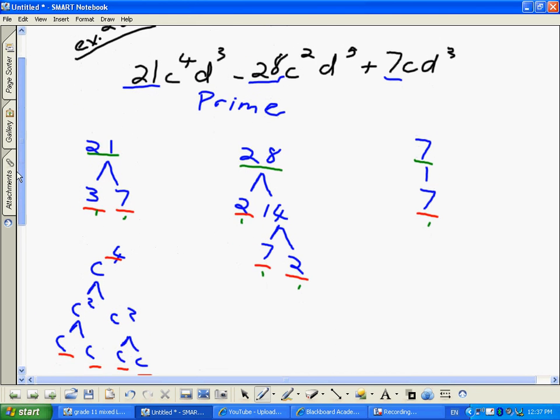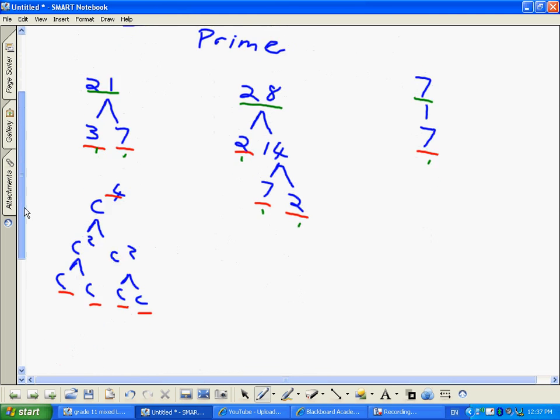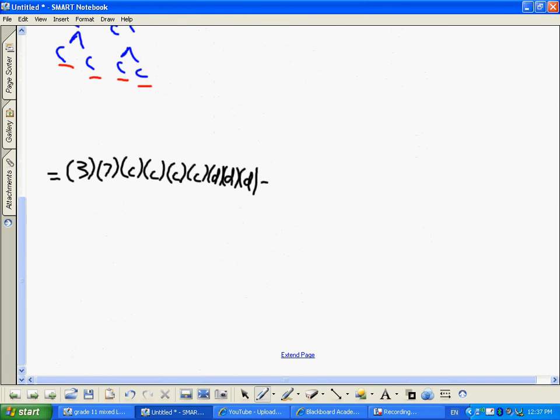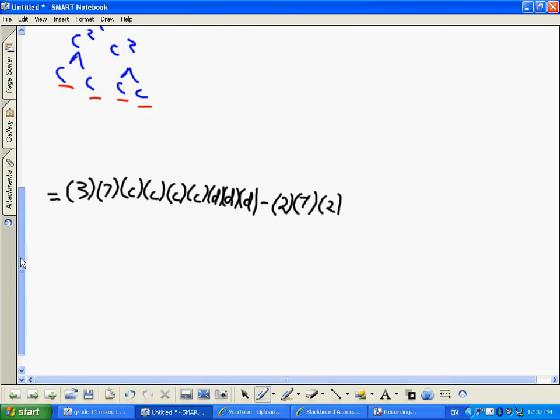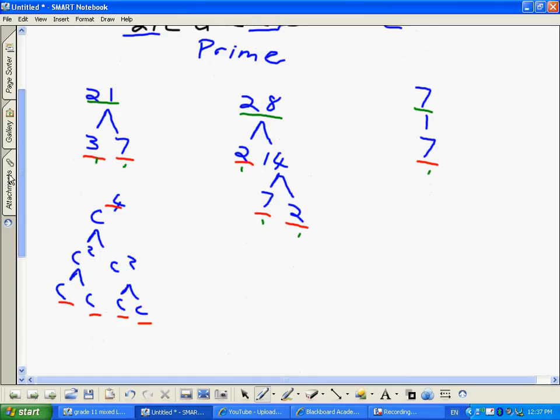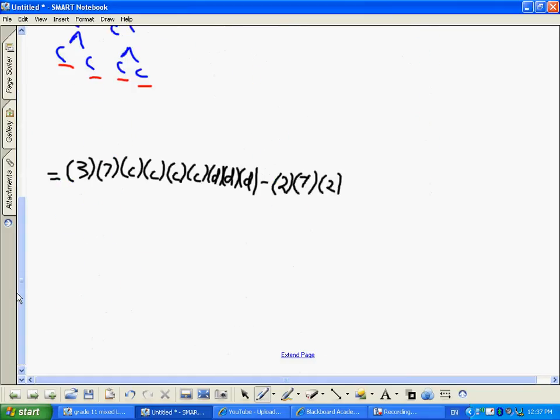28 is going to be 2, 7, 2, and it's C squared, D to the 5th. 2, 7, 2. And how many C's and D's do I got to put? 2 C's, 5 D's. Okay. 1, 2, 1, 2, 3, 4, 5.